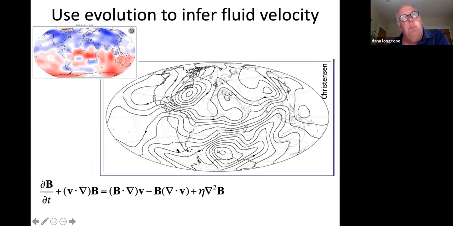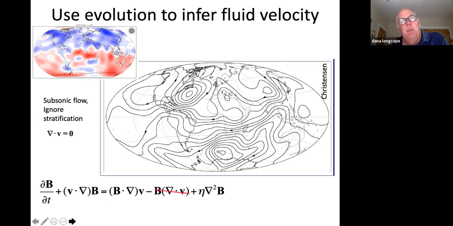One of the things I was going to point out here, because this I believe is done in the text, but certainly I think will be done by some of the lecturers, is from this original governing equation that I showed you, the induction equation. Well, now if we know B, and we sort of think we know eta, then it is possible to back out what the fluid velocity is in the core.